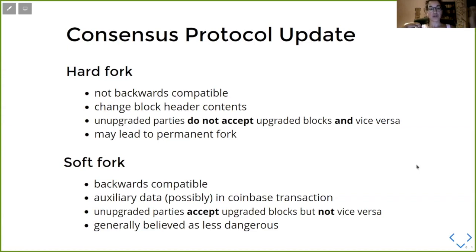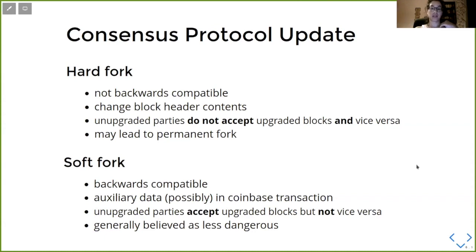And then we have the soft fork, which is backwards compatible, meaning that the protocol changes that need to be introduced are added as auxiliary data, let's say, in the Coinbase transaction. And this means that the unupgraded parties cannot distinguish the upgraded blocks because they see the new information merely as comments. So they accept the upgraded blocks as valid.